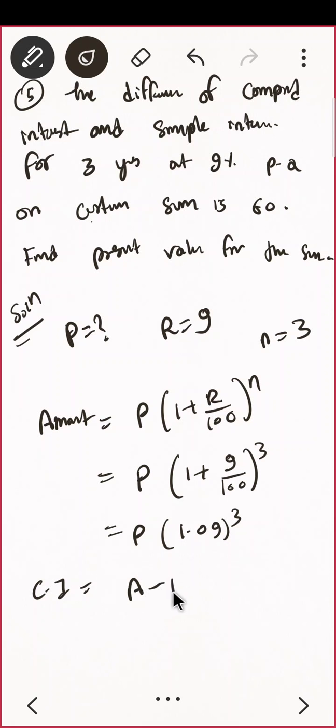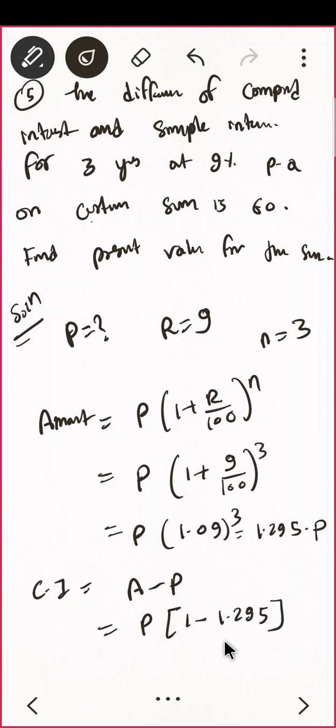It will be A minus P. So you can take P common, it will be 1.09 cubed minus 1, we can take the cube, and it will be something like 1.295 times P. So if you take P common, it will be 1.295 minus 1, that will be something like 0.295 P. So this is your compound interest, we got it from here.